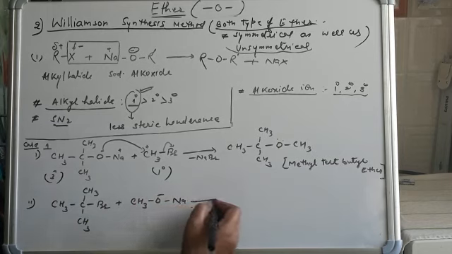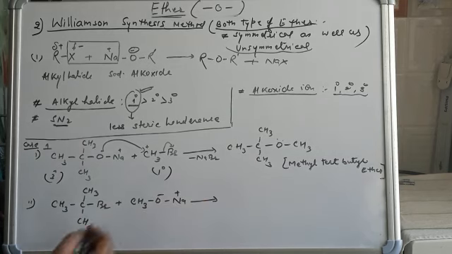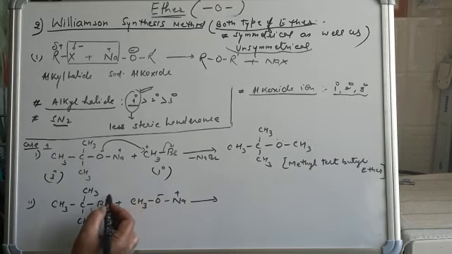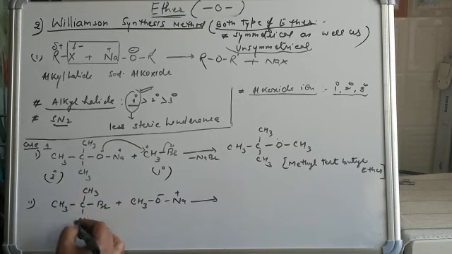What happens here? The electron present on the oxygen does not directly approach the carbon, because carbon is sterically hindered, not from the front side, not from the back side.